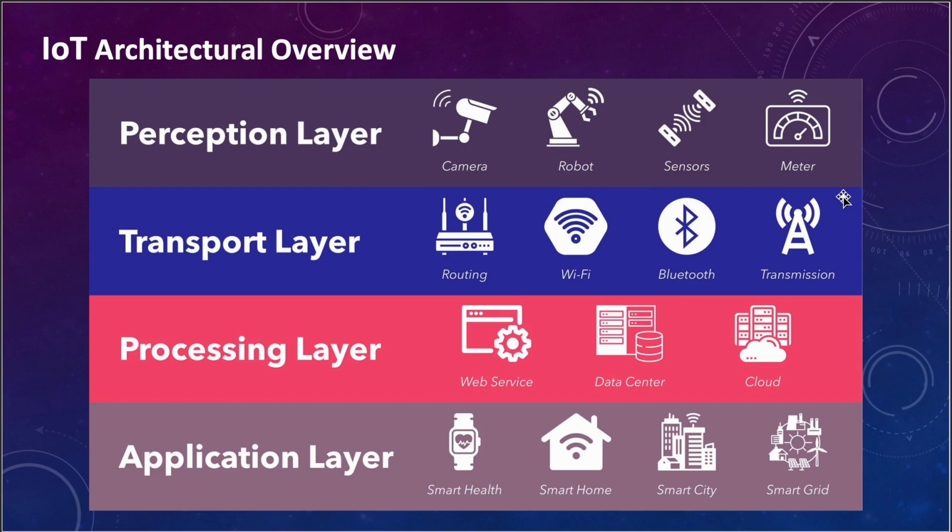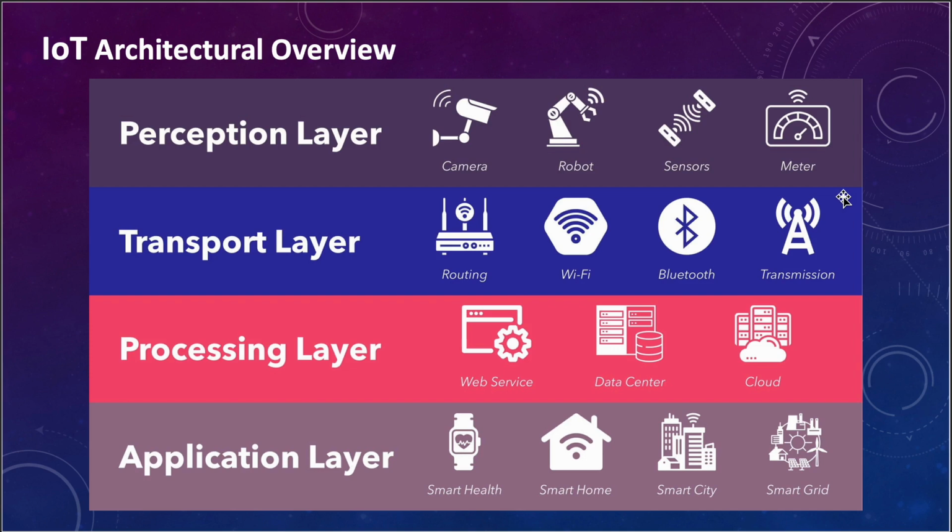Where you will find the sensors or the actuators or the IoT device. In the perception layer we are talking about the physical device itself. In the perception layer, there would be a bit of edge computing as well. There would also be physical network connections and so on.